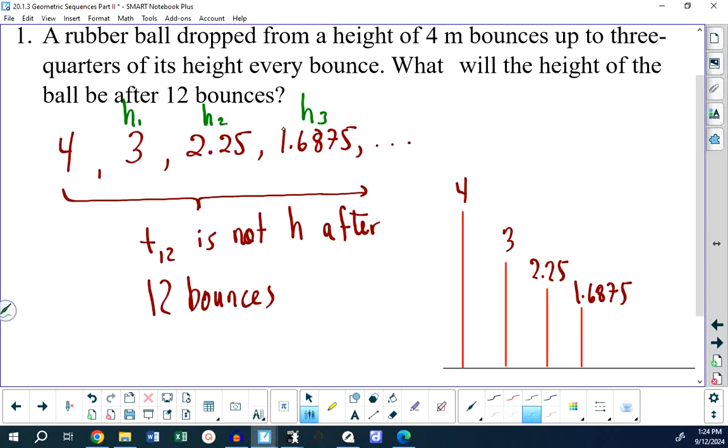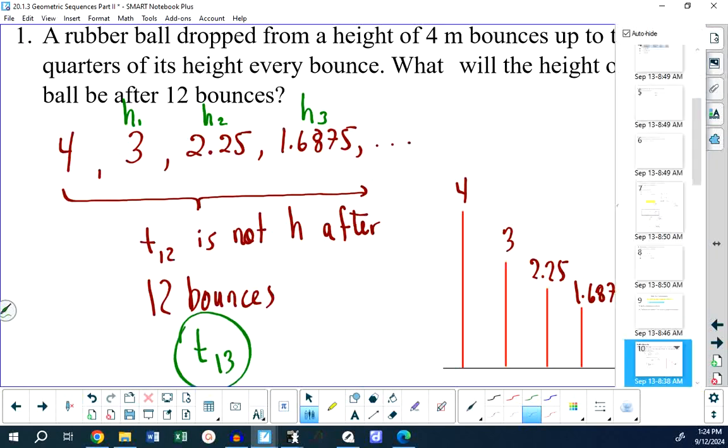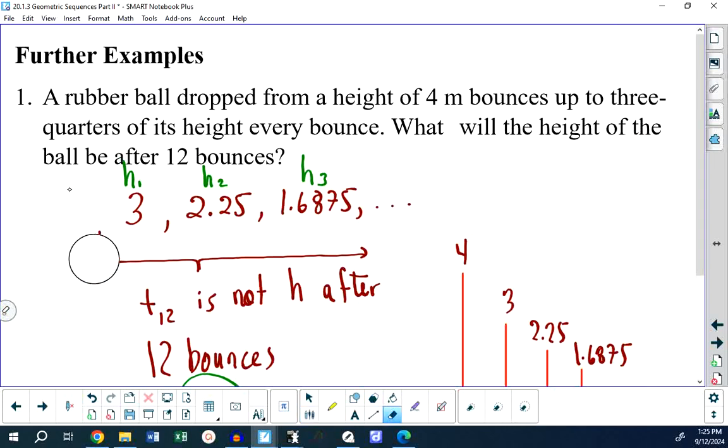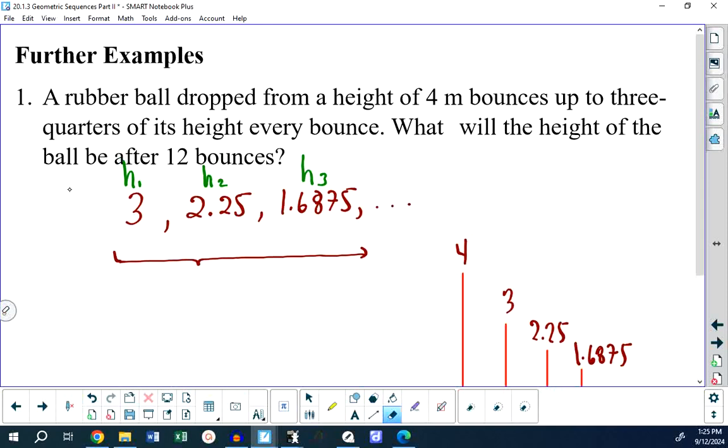So we have an option here. We could do this and find T13. That would be our answer. We could. Or we could use this sequence and find T12.